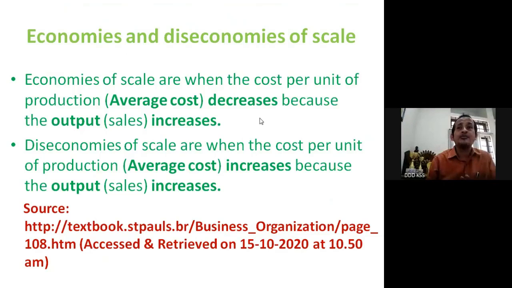Then we'll go through diseconomies of scale. Diseconomies of scale are when the cost per unit of production increases, that is, average cost increases, because the output, sales, or production increases. Or simply, diseconomies of scale refers to the scale at which the cost per unit of production, service, or sale increases due to the increase in production, sale, or output.